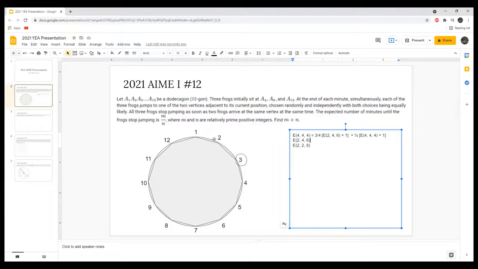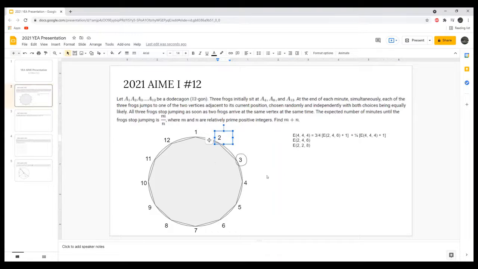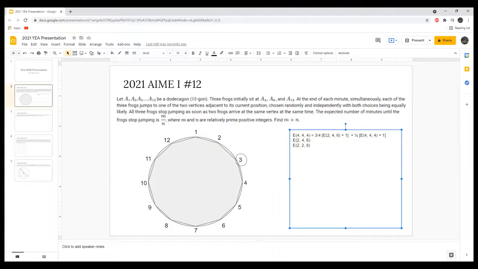So let's see what happens if the frog at point 2 moves to point 3, then the probability that it's over would be one half, and the probability that the frog at point 4 goes all the way to 5 is also 1/2. So overall, since there was a 1/2 probability of frog 2 initially moving to frog 3, the probability of this step of the procedure being over will be 1/4.